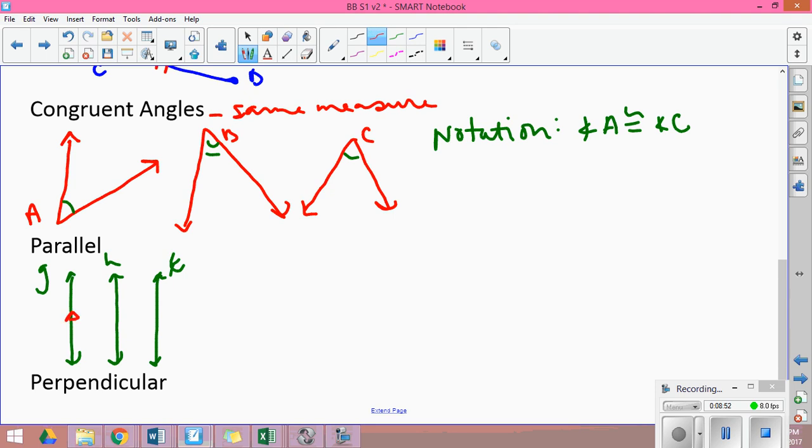And the way I can tell from a picture is there will be little arrows or triangles on the picture. So from this picture, I can say that G is parallel to H. There's no markings on K, so I cannot assume that it is. And then the parallel notation is just 2 little lines that look like they're parallel.